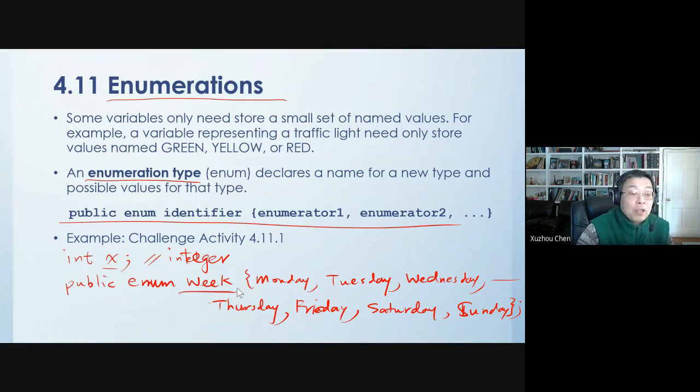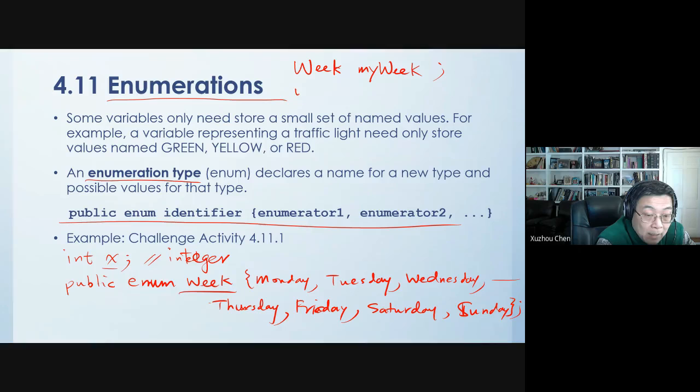And then in the Java program, I can define a variable which is of week type. I can say week myWeek. Okay. So then I can assign a value to myWeek. The value I assign to myWeek, I only limit it to these values.